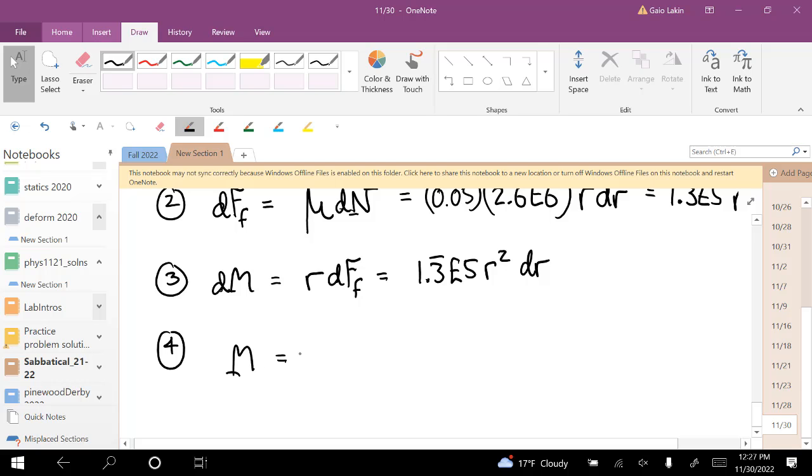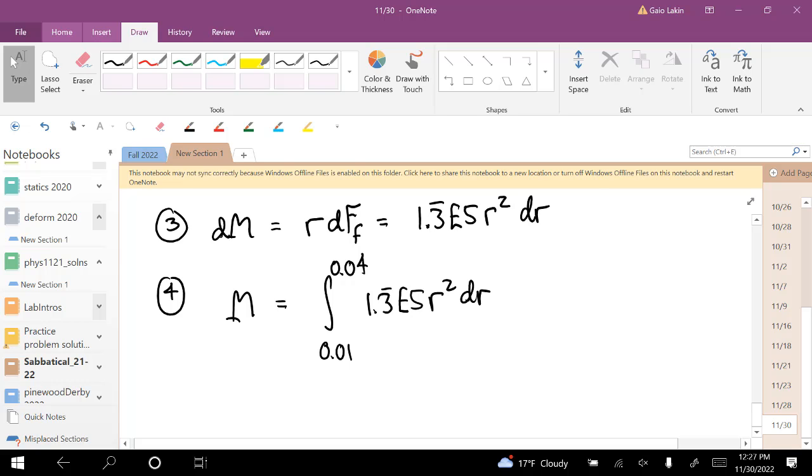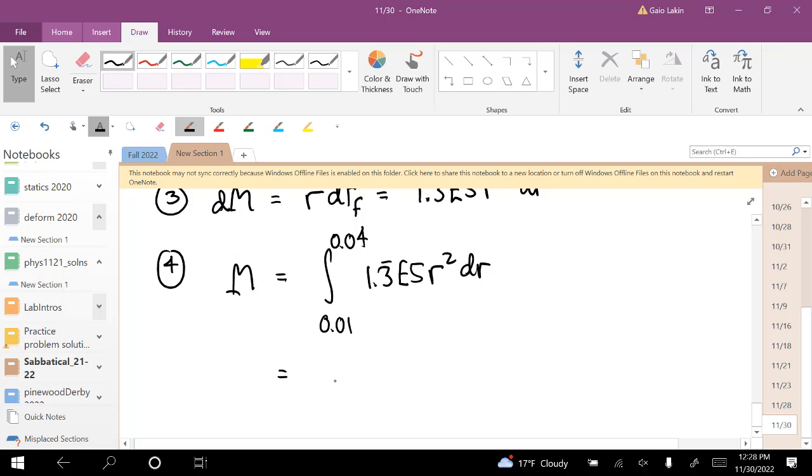The total couple is the integral for r from 0.01 to 0.04 of 1.3 repeating times 10 to the 5th times r squared dr. So what's 1.3 repeating divided by 3? 44,000, and then fours forever.